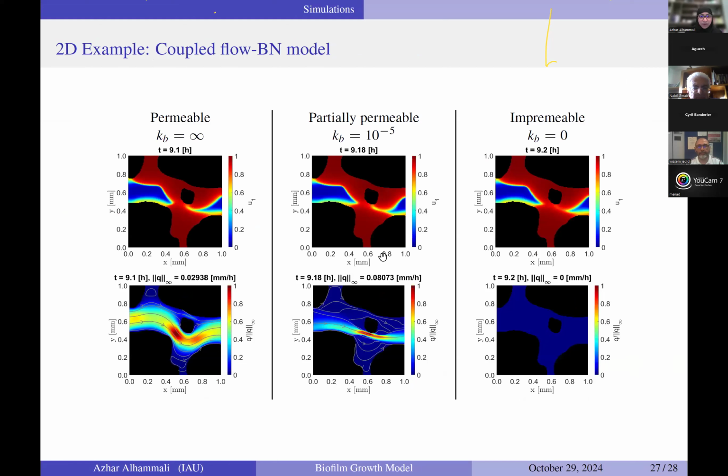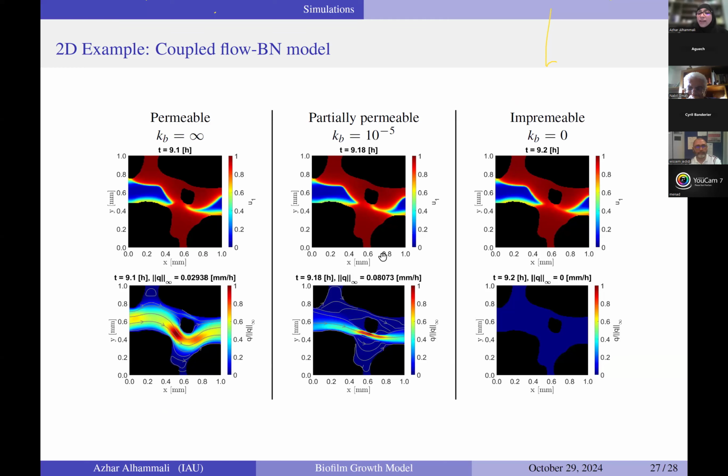Okay. It's a very fine grid. Here we discretized the domain using rectangles in 2D, so this is a 2D simulation.